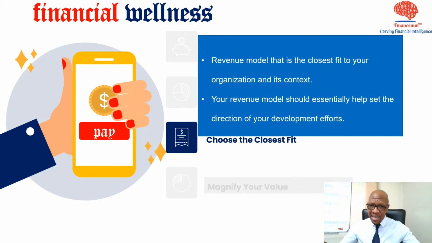The pricing might be similar or be very close, but the context is not necessarily. And what informs the context could be, among other things, the mode of offering of the coaching service, the geographical location of the entity. So you need to make sure the revenue model is very closest to the organization and its context.